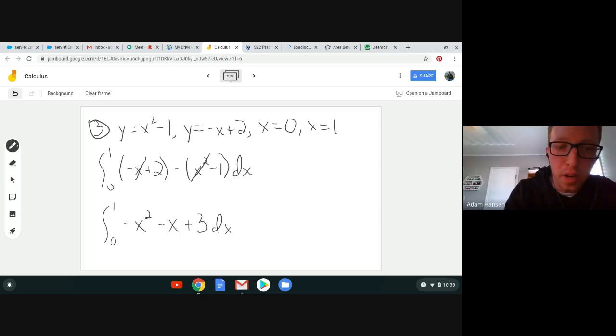So we need to find the antiderivative, negative x cubed over 3 minus x squared over 2 plus 3x, between 0 and 1.